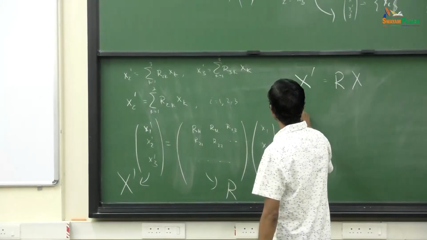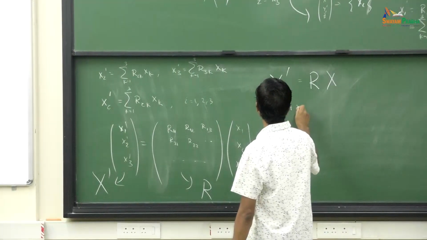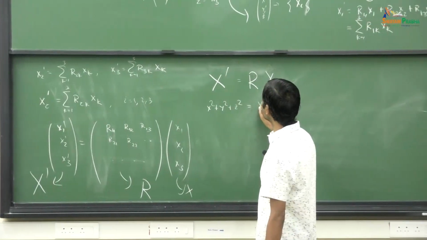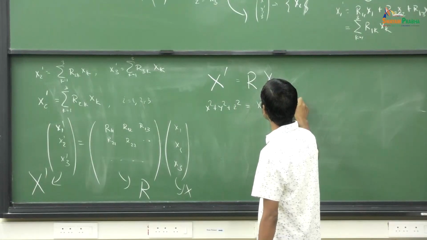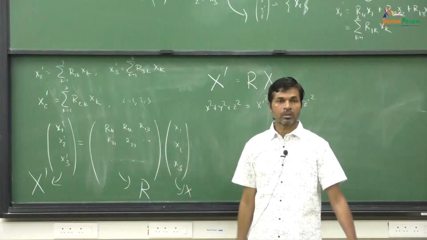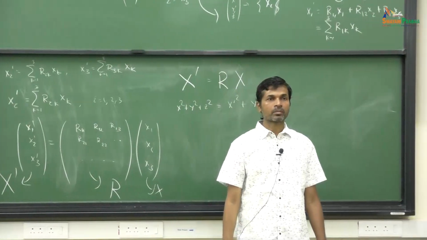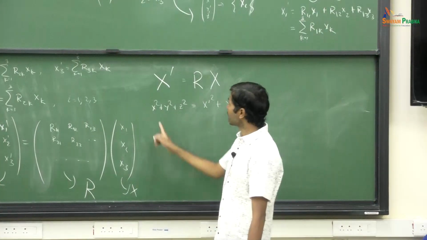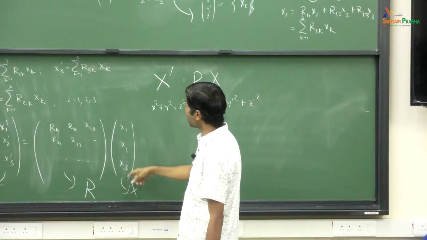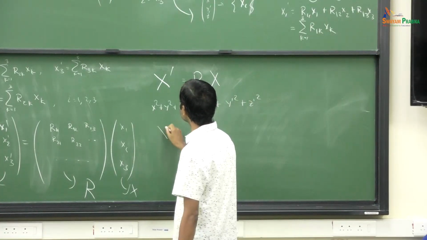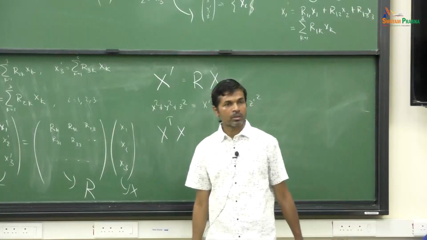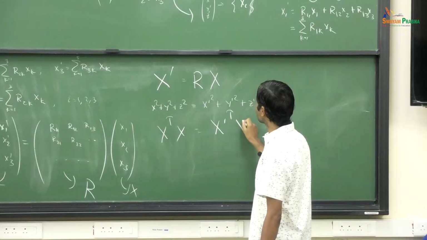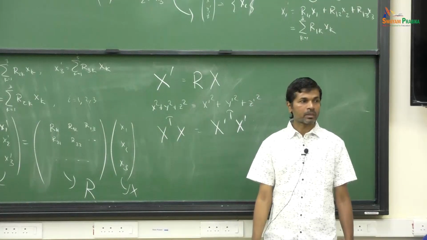It's just x square plus y square plus z square. So this quantity remains unchanged; in this sense, it will be the same as x prime square plus y prime square plus z prime square. But this quantity, in matrix notation, is x transpose x, and this will be x prime transpose x prime.